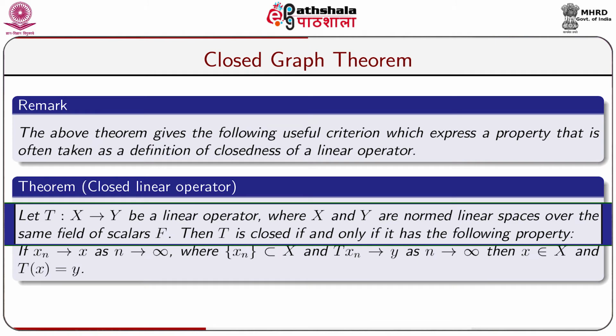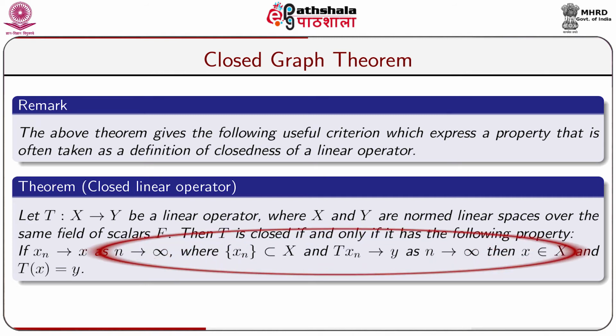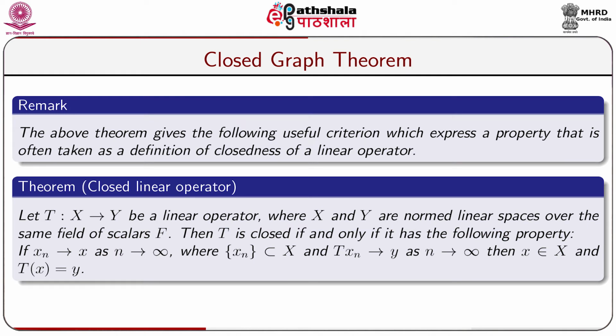Let T from X to Y be a linear operator, where capital X and capital Y are normed linear spaces over the same field of scalars capital F. Then T is closed if and only if it has the following property: if x_n goes to x as n tends to infinity, where the sequence x_n belongs to capital X, and T x_n goes to y as n tends to infinity, then x belongs to capital X and Tx is equal to y.